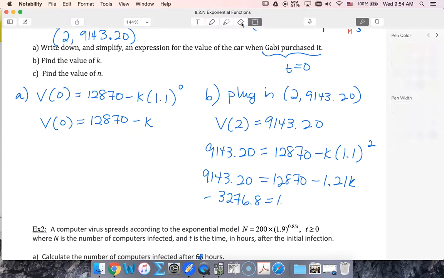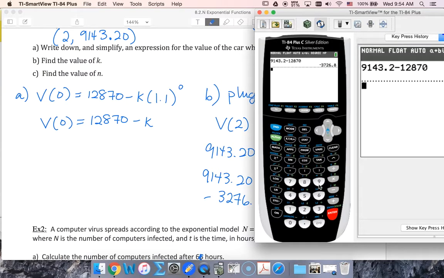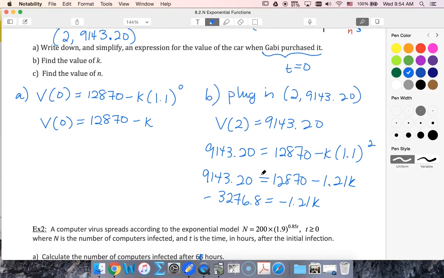Sorry, that's also negative, which is good because we think k is going to be a positive number. So divide both sides by negative 1.21, and I get 3,080 as my value of k. Now knowing this, I could plug it in over here to find how much my car was when I purchased it, but I'm not asked for that anywhere. So I'm just going to keep answering my questions.